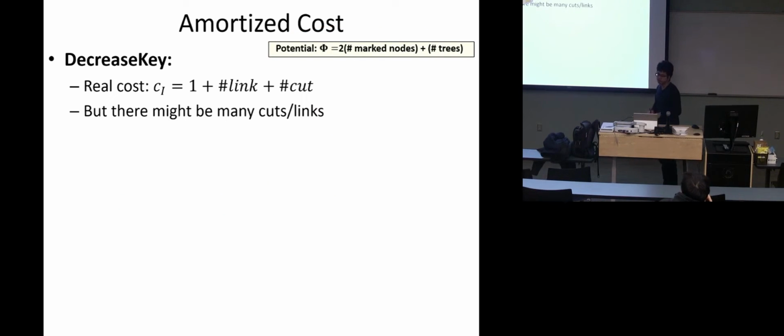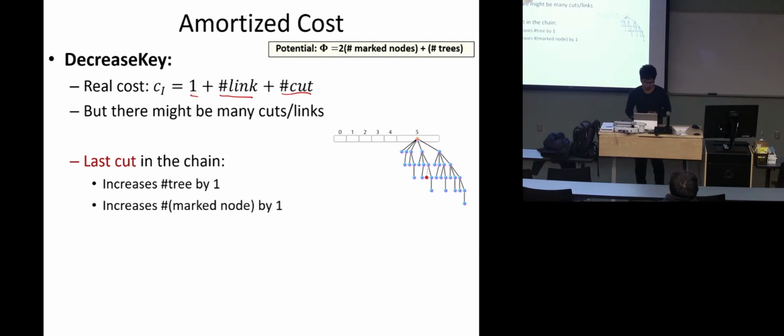How about decrease key? The real cost for decrease key is 1 plus the number of links plus the number of cuts. There can be many cuts and links, but let's try to analyze how the potential changes again. Note again that there can be many cuts.